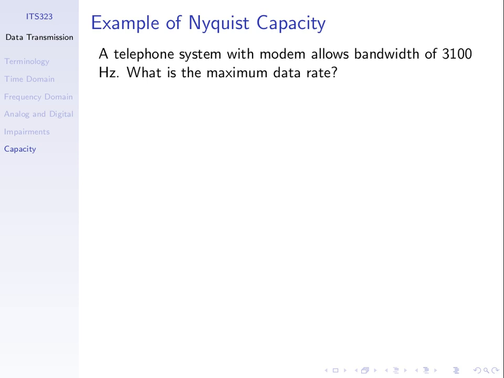If M was 2 to the power of 9, we know the bandwidth is 3,100. What capacity do we get? We had log base 2 of M equals 9. If M equals 2 to the power of 9, which is 512, then 6,200 times 9 gives us what?